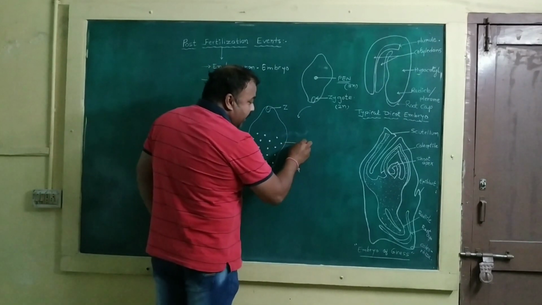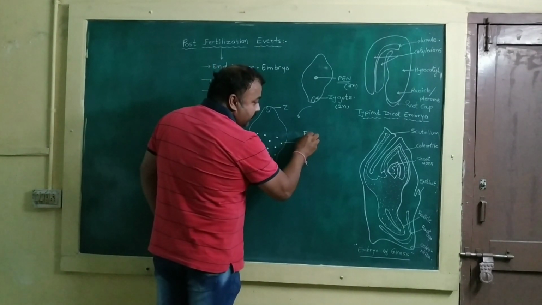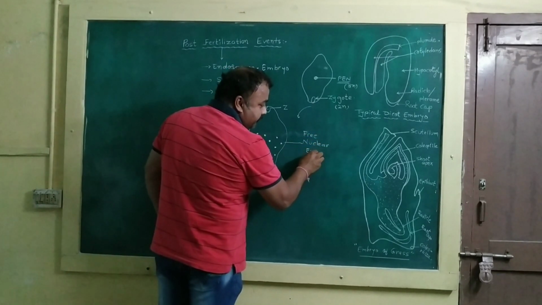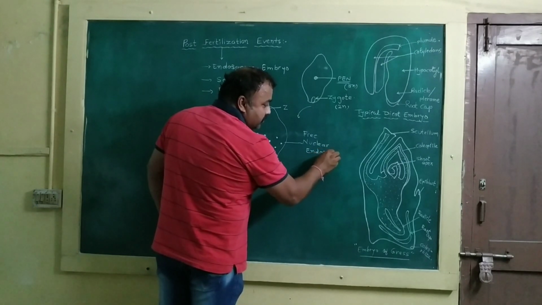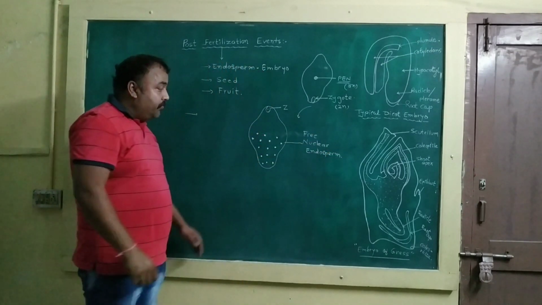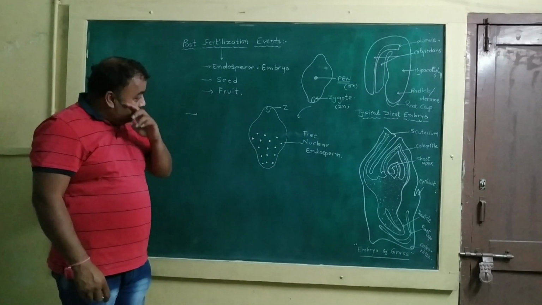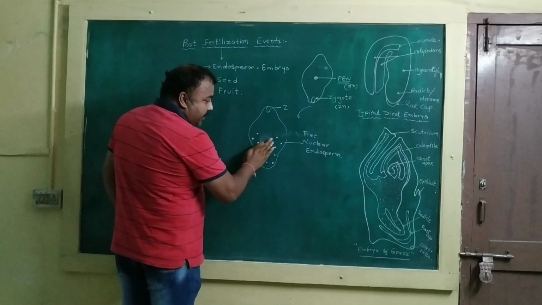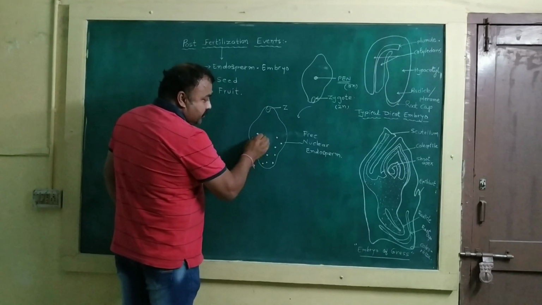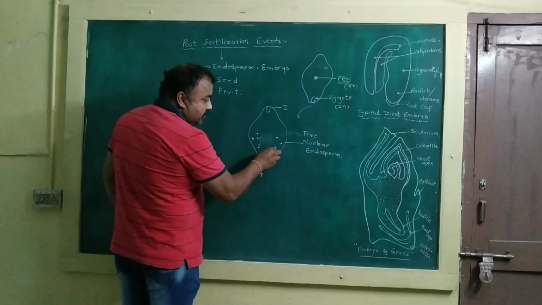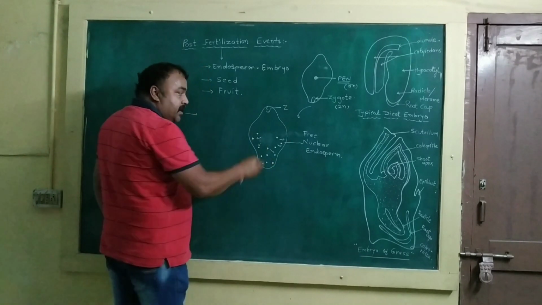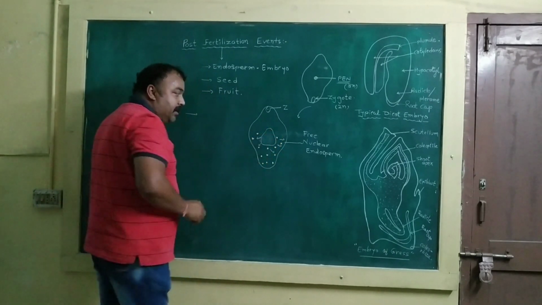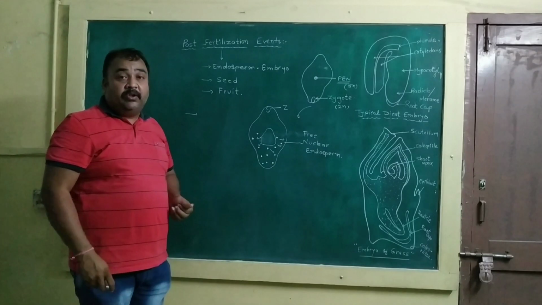So it is known as free nuclear endosperm. Why is it so? Because the endosperm is made up of numerous nuclei. Now the nuclei start to move towards the periphery, and inside the female gametophyte, in the middle of the nuclei, a large vacuole is formed.